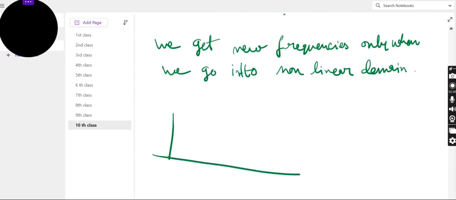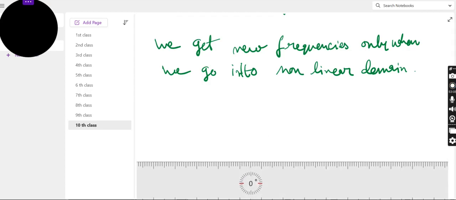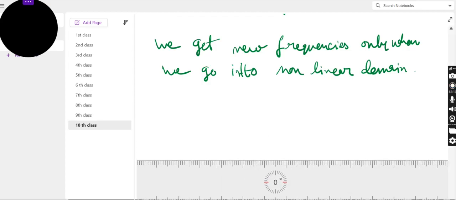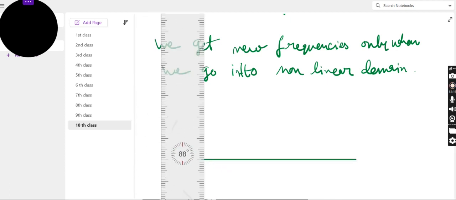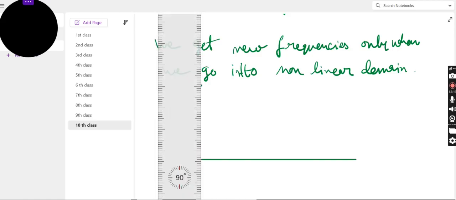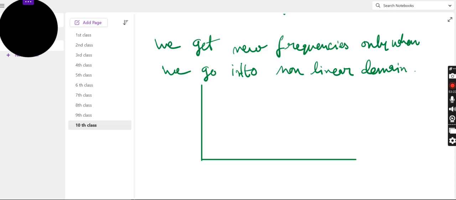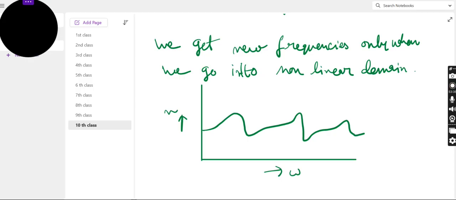And also, with the minimum frequency and refractive index, we get some this kind of phenomenon.